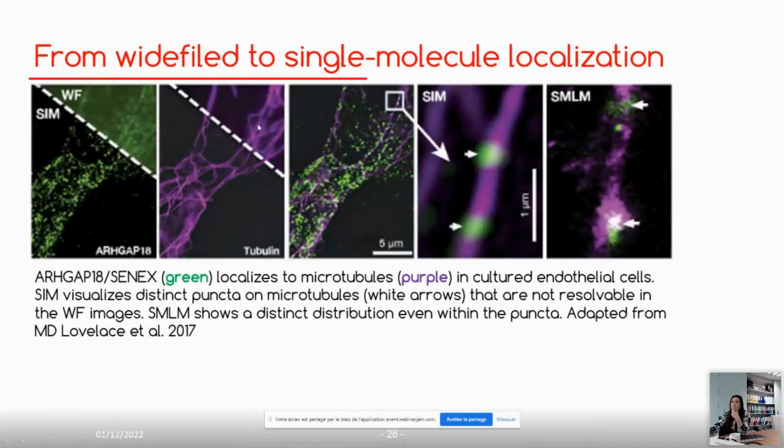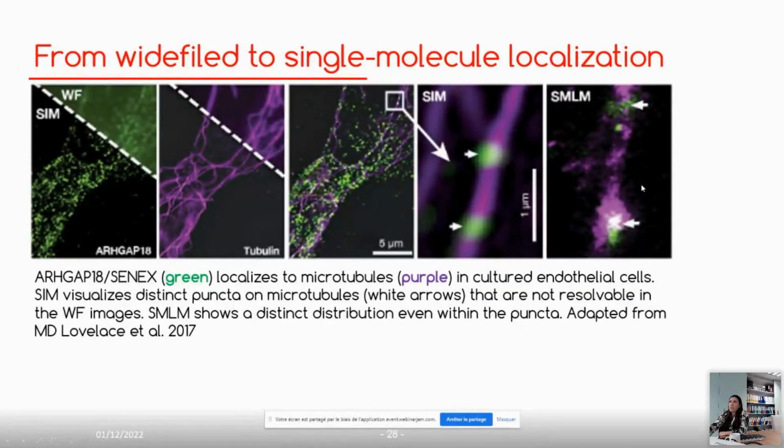In these wide field images, we can see the structures, but we don't get a lot of detail. These researchers compared what SIM could give them and what single molecule localization microscopy using a ground state depletion system, which is very similar to STORM, could give.